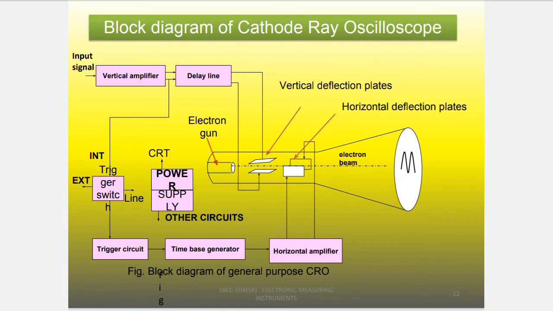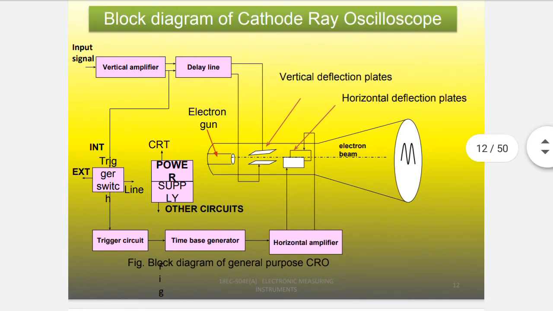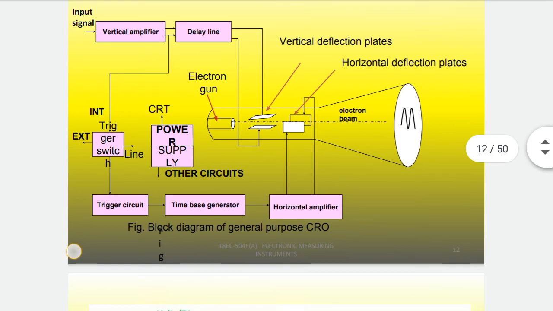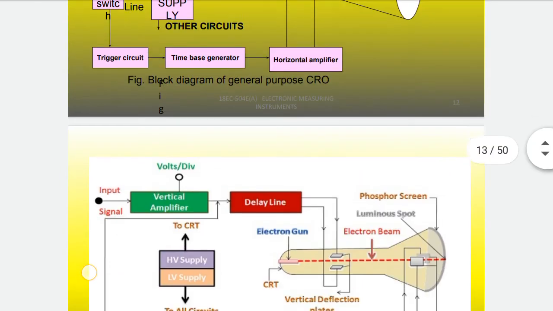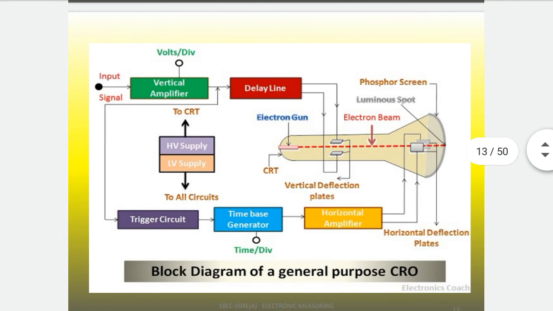You can see in the figure, and there is a power supply, that is the HV power supply and LV supply. The input signal is given to the vertical amplifier. The vertical amplifier amplifies the signal, and that is given to the delay line, and in the vertical section there is a delay.